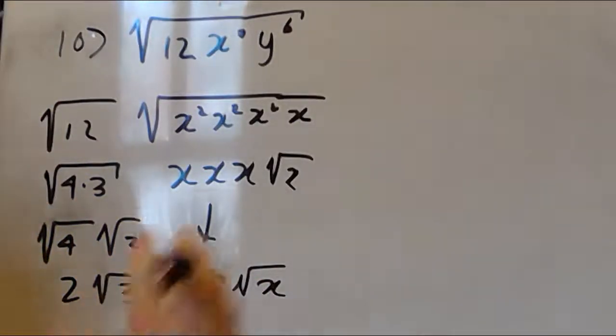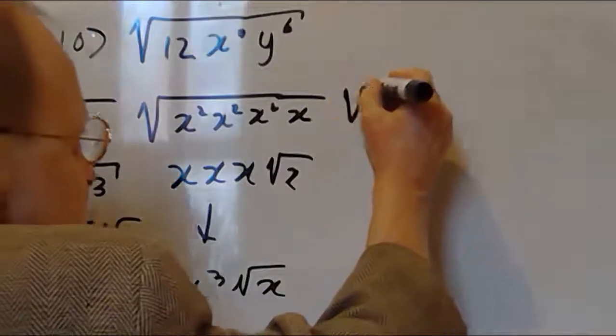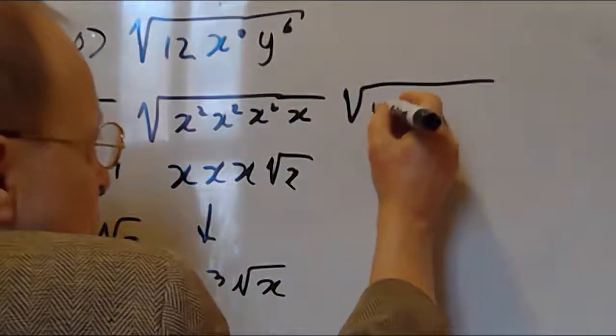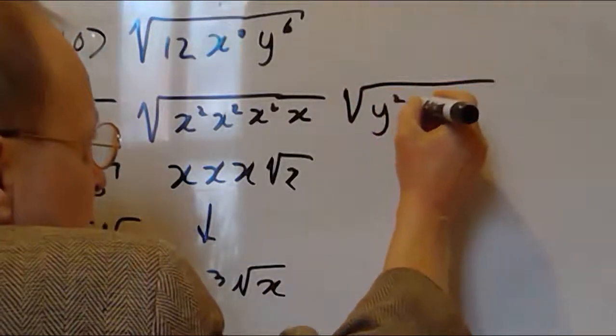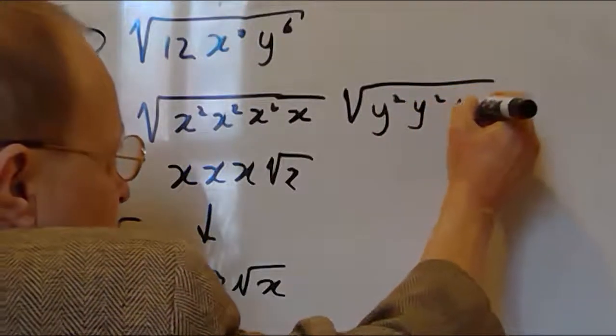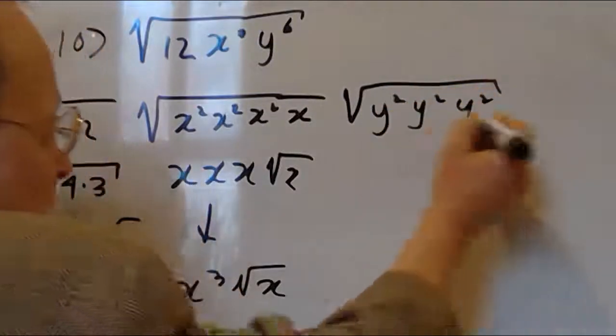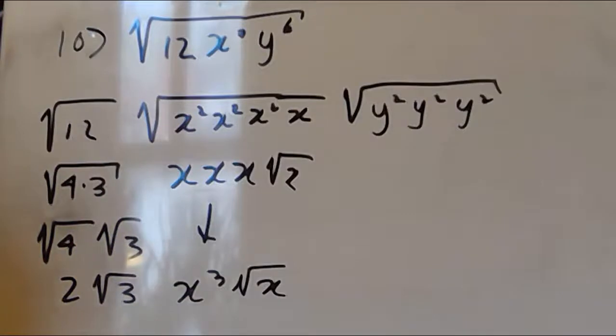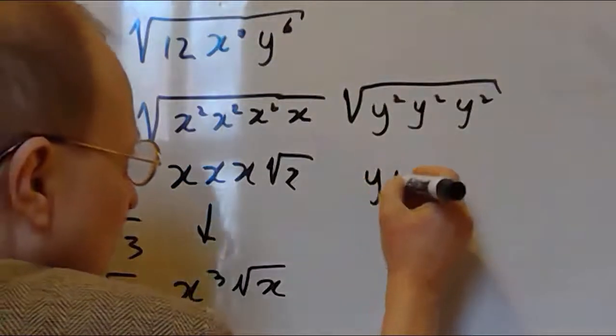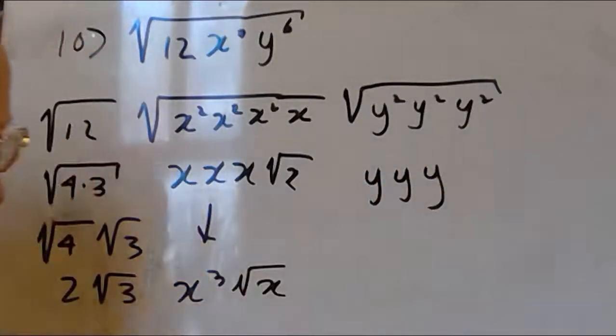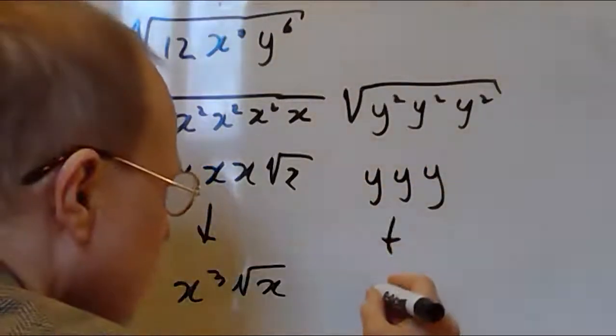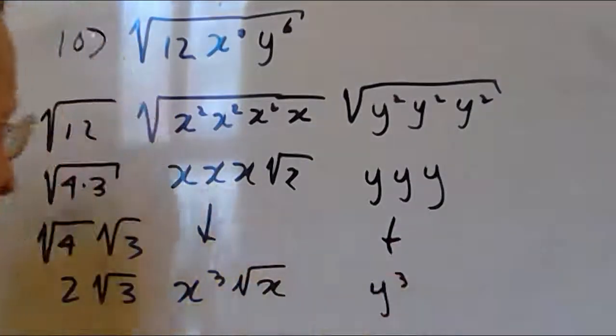And then the last one, y to the 6th: y squared, y squared, y squared. So that would give me y to the 6, and I'm writing them so I can pull them out as perfect squares, and that means I get y, y, y, and that will give us y cubed.